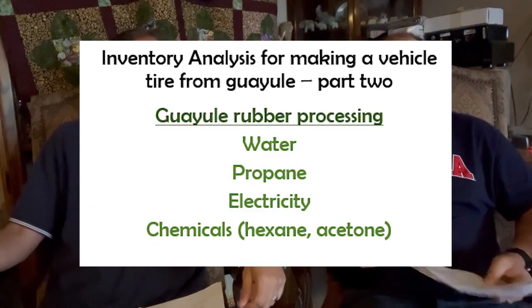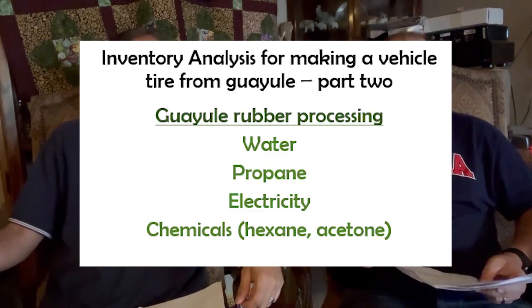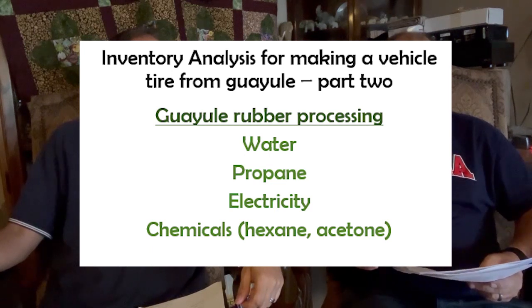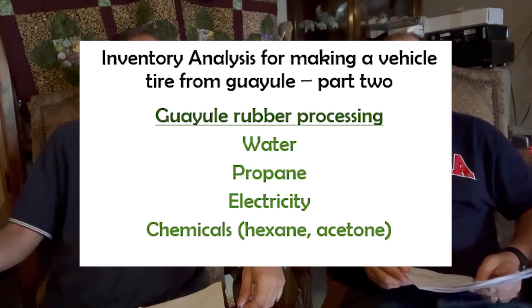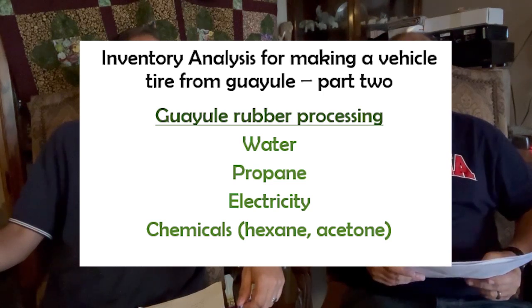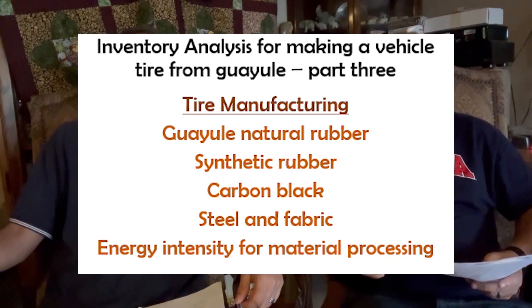You then have to take that Guayule to a processing plant where you need more water to process it. You require electricity and propane as far as energy requirements, and then you also have chemicals to extract that rubber, such as hexane and acetone. Then that Guayule rubber goes to a tire manufacturing plant, where not only do you have the Guayule rubber, but you have synthetic rubber that you mix it with.